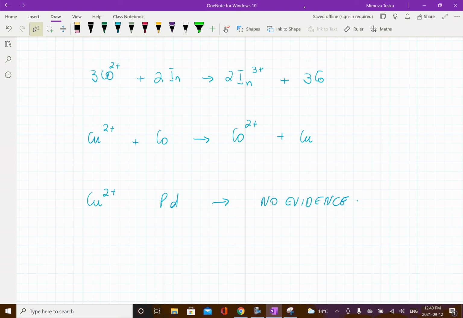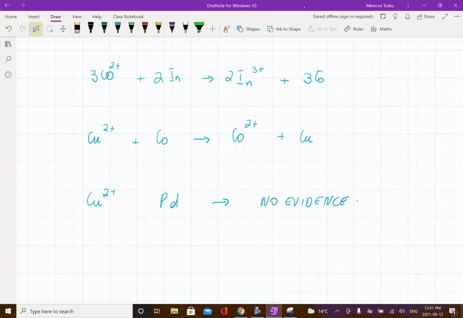That means you will just identify the order of oxidizing agents from weakest to strongest, or strongest to weakest, and the order of reducing agents from weakest to strongest, or strongest to weakest, and then predict if a certain reaction is spontaneous or non-spontaneous.